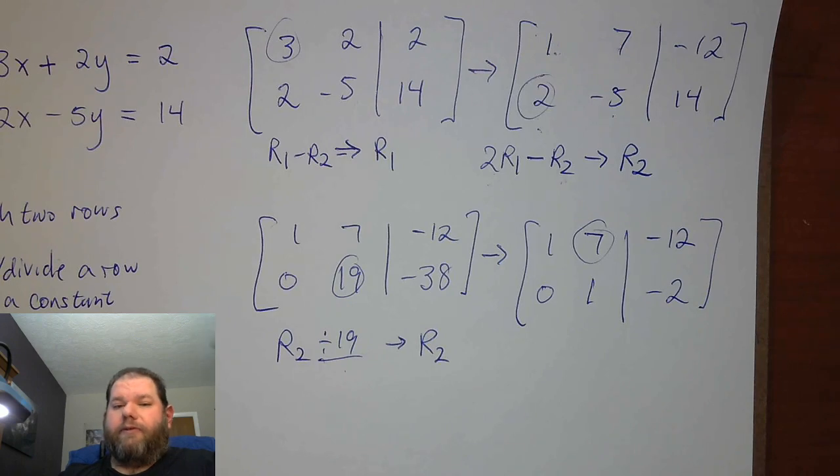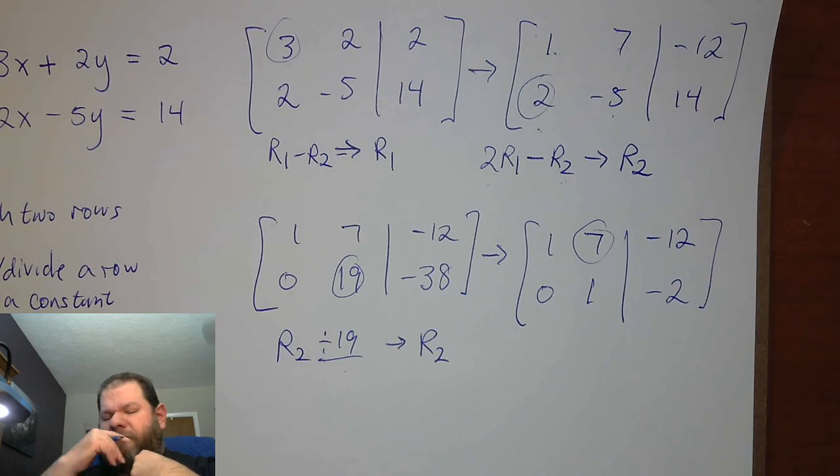How do we make that 7 into a 0? Seven times row 2 minus row 1.